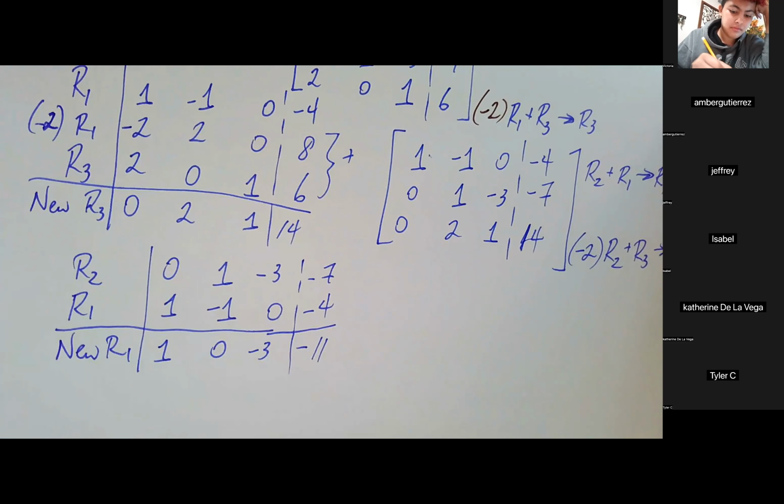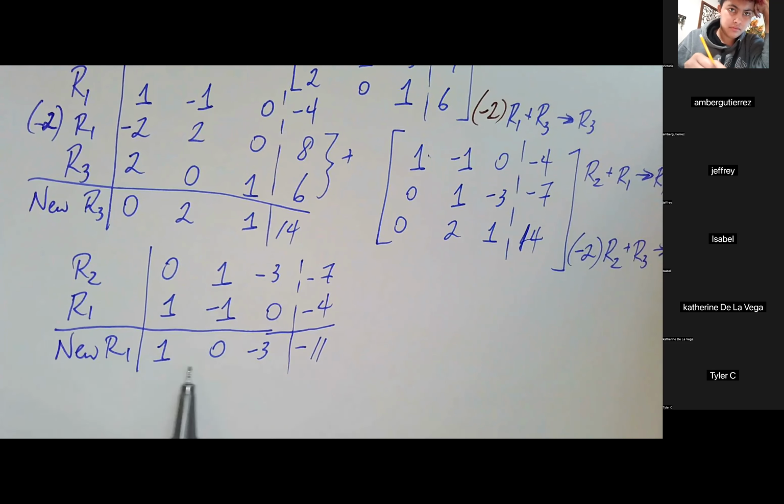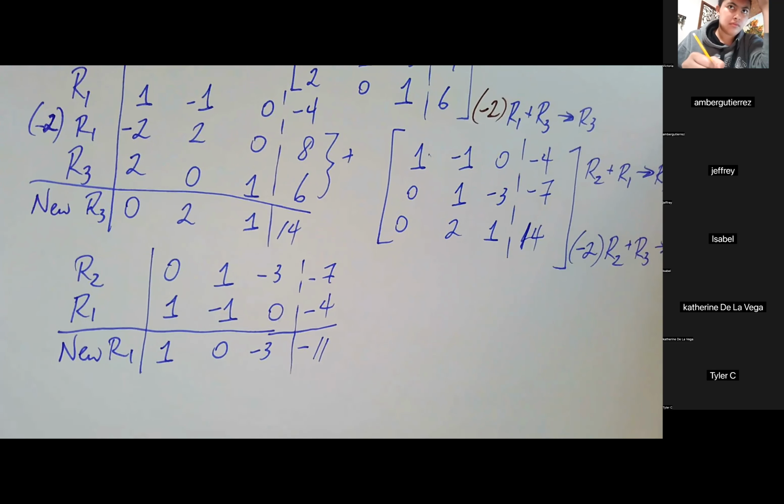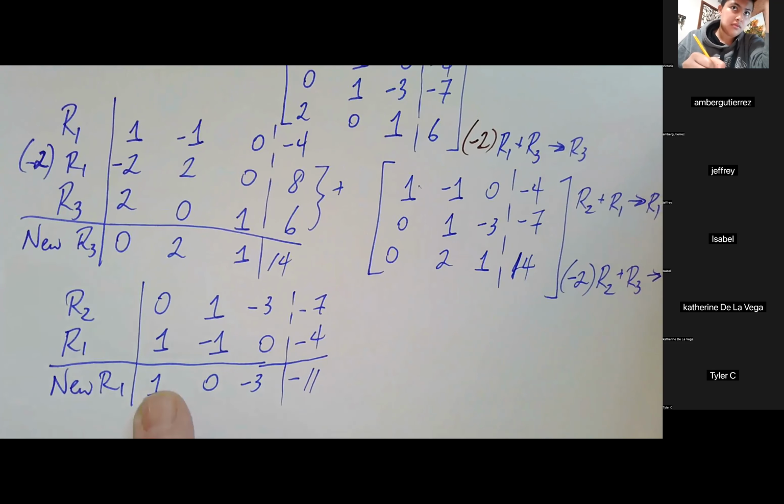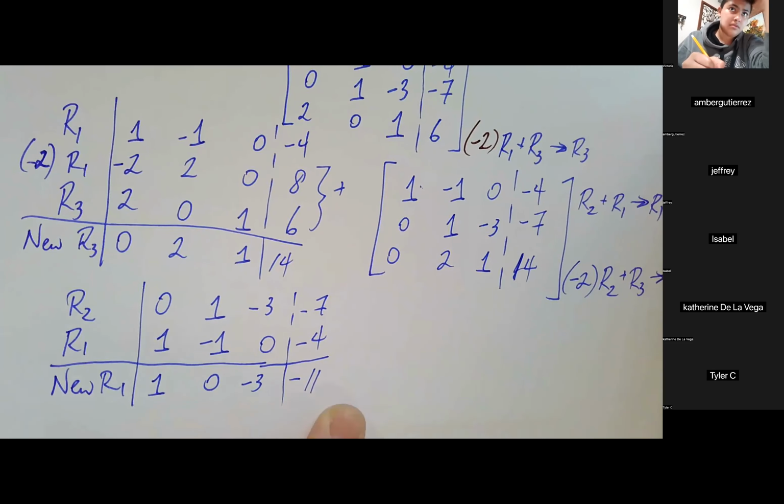Don't you still have to do one more round? Yes, because we have more than 2 things in that row. We're going to have more steps. So we don't worry yet that this -11 can't be nicely divided by -3.